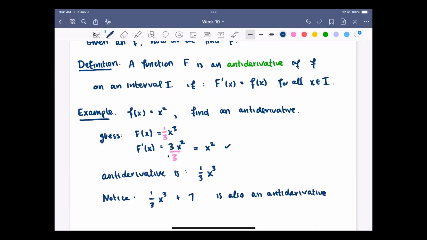That's because when I take the derivative of this, the derivative of the constant will be 0, so that factor will go away. Okay, are there questions about this?